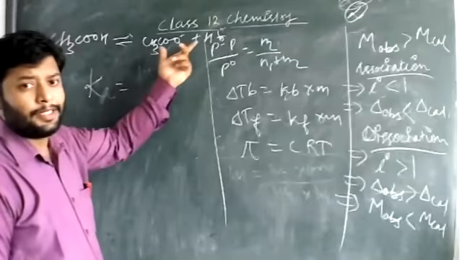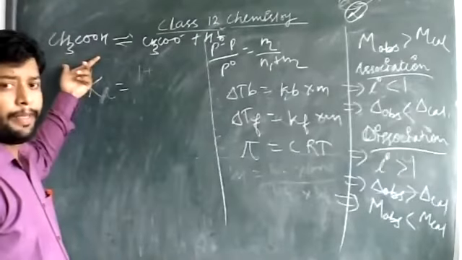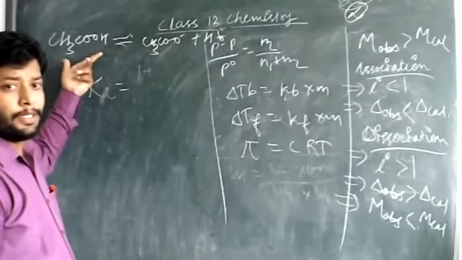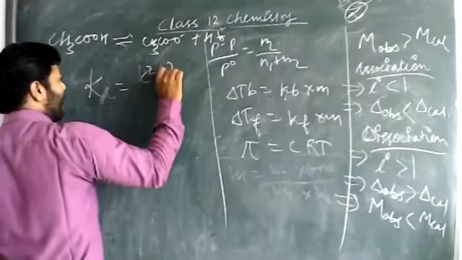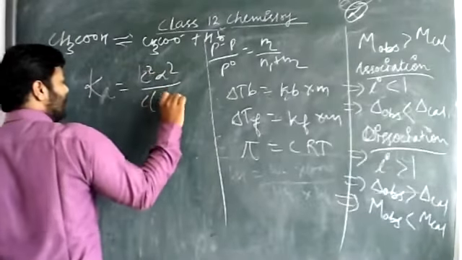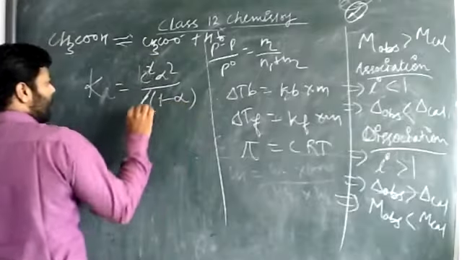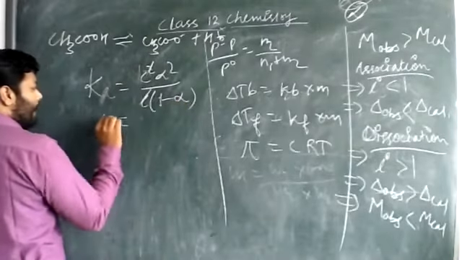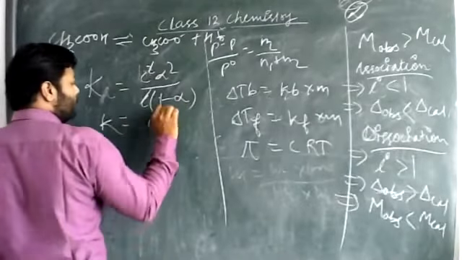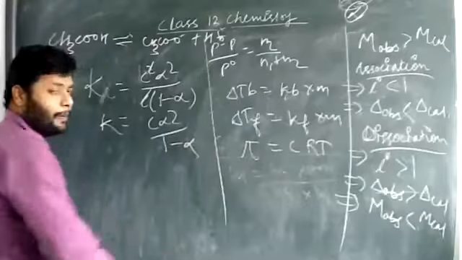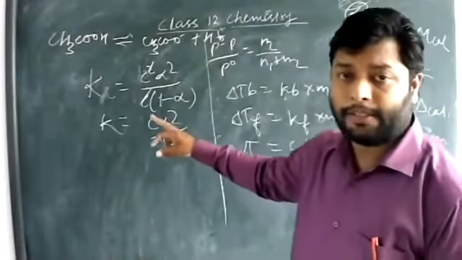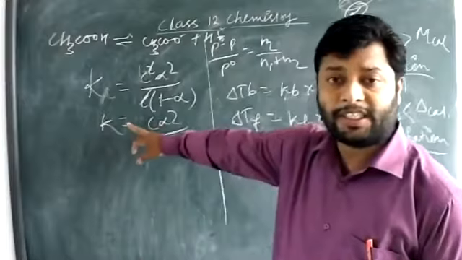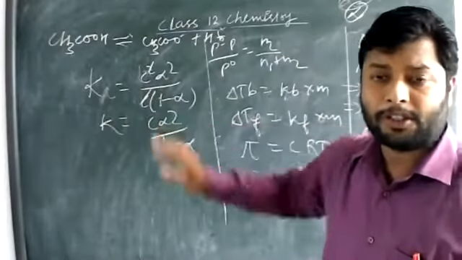This will be C alpha, and this will be C minus C alpha. So the value will be C alpha squared upon C(1 minus alpha), and you get K equal to C alpha squared upon 1 minus alpha. So you can calculate the value of alpha by the use of the dissociation constant, the equilibrium constant.